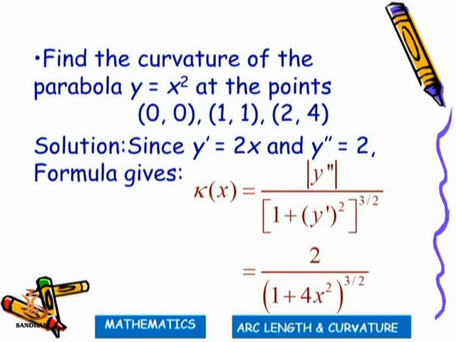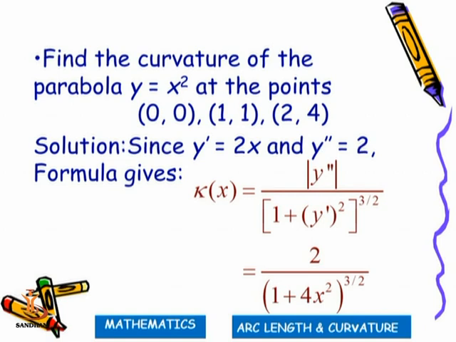Find the curvature of the parabola y is equal to x square at the points (0, 0), (1, 1), (2, 4). Start with the solution. We want two derivatives, y dash and y double dash. So y dash is 2x, y double dash is 2.